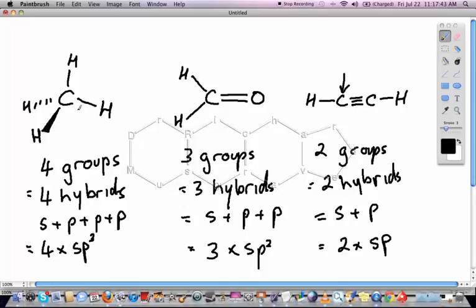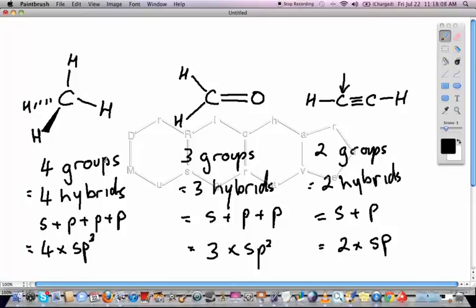The shape I'm trying to present here is called tetrahedral. So what we've got around carbon is 4 groups, and these groups all have the same bonds and the same bond lengths. That's why we need 4 equal hybrid orbitals. 1 s and 3 p orbitals by themselves will not explain this shape, but 4 sp3 hybrids pointing in a tetrahedral array will definitely explain this shape.